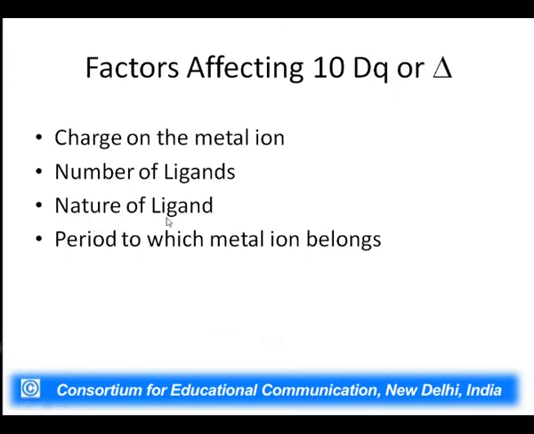Now all ligands are not going to have the same kind of influence on the d orbitals of the metal. The variation is going to be there with how strongly that ligand can bind with a particular metal ion. We have already talked about the factors which can affect 10 Dq. You may have seen the spectrochemical series, and we know that ligands like cyanide, carbon monoxide, phosphines are strong field ligands.